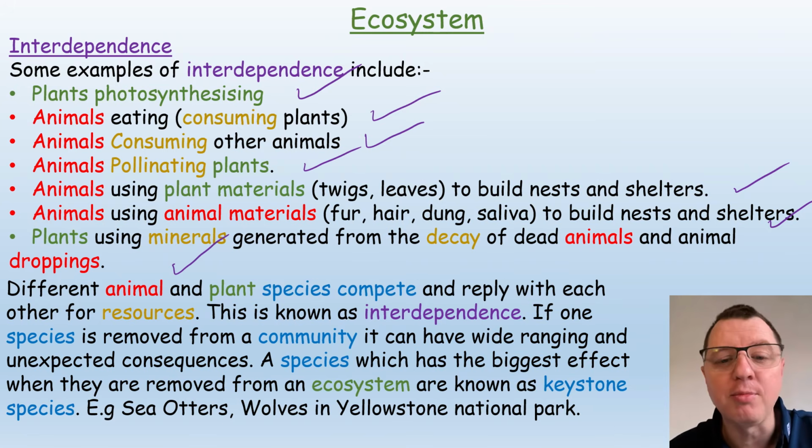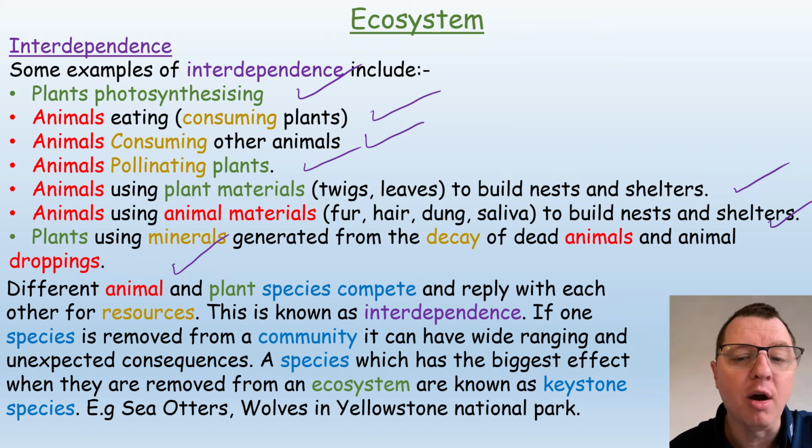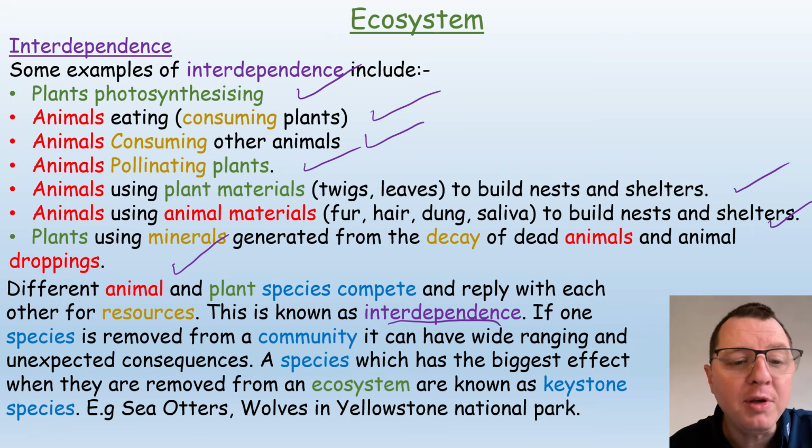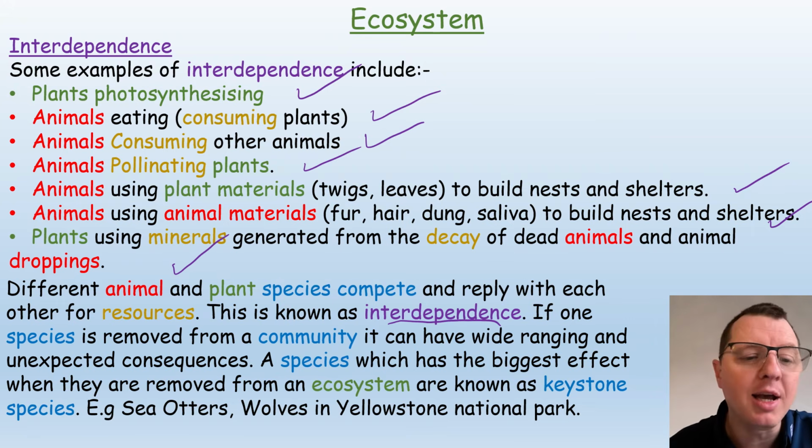Different animals and plant species will compete and rely on each other for resources, and this is the interdependence. If one species is removed from a community, it can have wide-ranging and unexpected consequences.